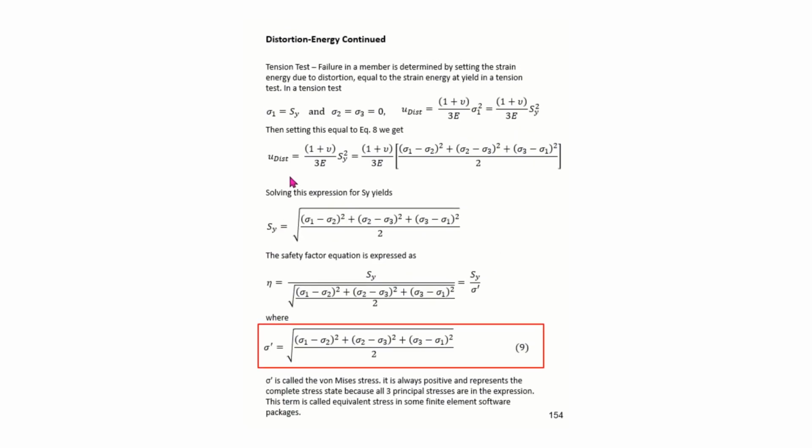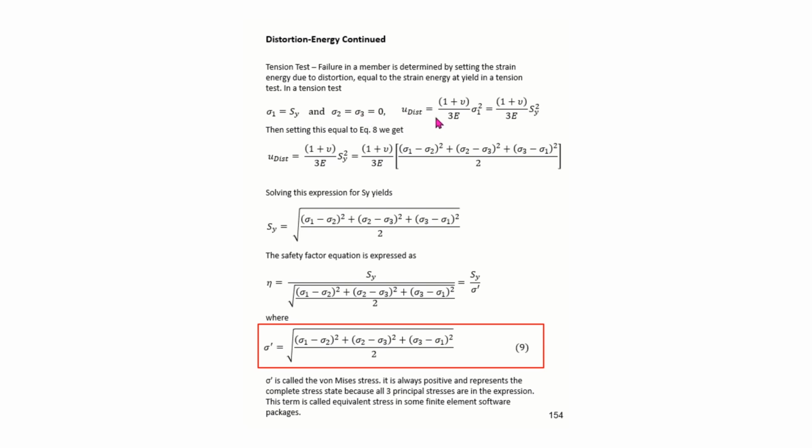So now let's look at putting this into a failure equation. In tension tests, then, failure in a member is determined by setting the strain energy due to distortion equal to the strain energy at yield in a tension test. And in a tension test, we'll have sigma 1 equals Sy, and sigma 2 equals sigma 3 equals 0.